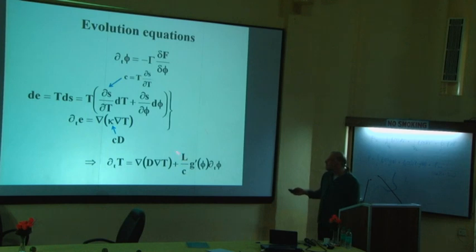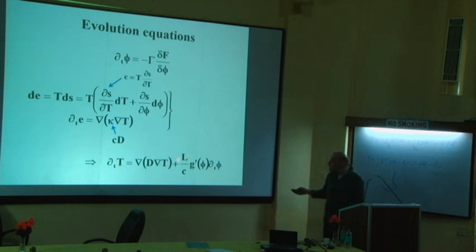Okay, the source term comes from what? It comes from this d phi here divided by dt. Okay? Now this equation is actually very intuitive, because how does the temperature change? It changes either by diffusion of heat or by this, and this is a source term that is due to phase change, because phi will only change in the phase boundaries, and it is proportional to the latent heat.